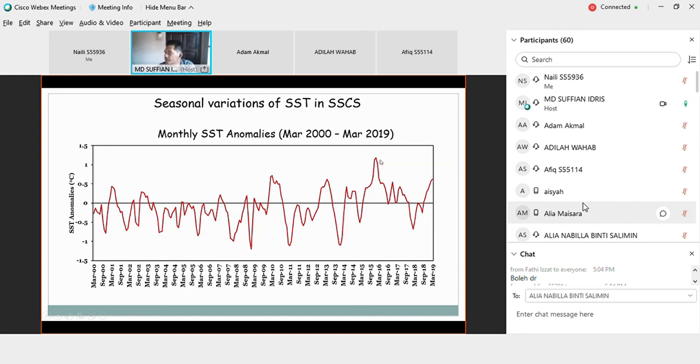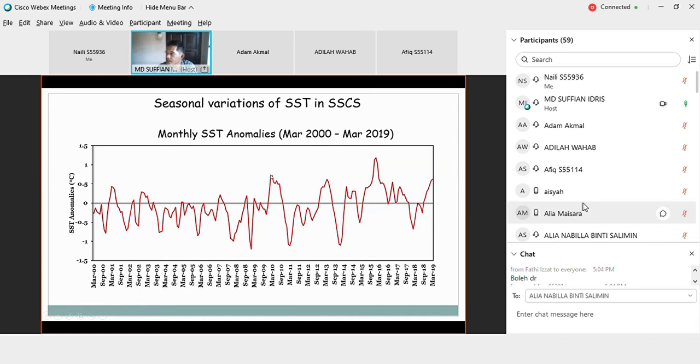If we look here, during March 2016 there is a very strong positive anomaly of SST. We know that El Nino occurred starting from December 2015 until the end of 2016, so it also has an impact on sea surface temperature.